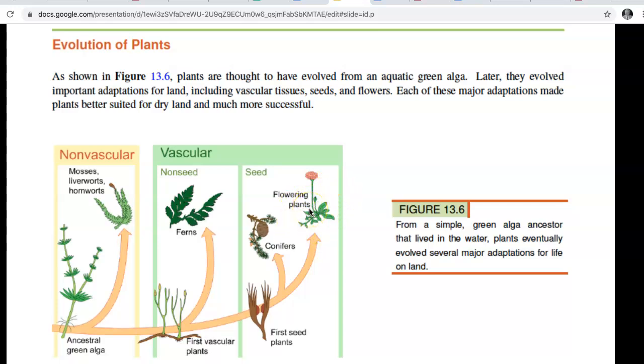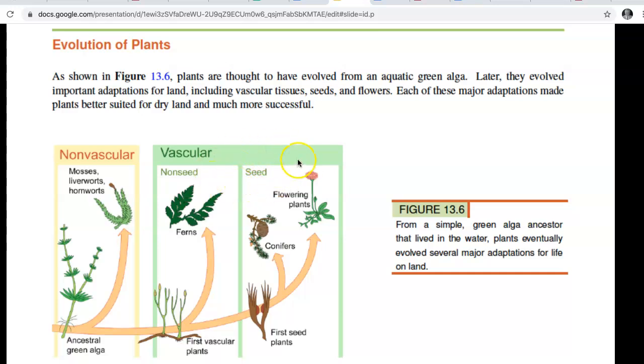Flowering plants are a wildly successful type of plant. They are the newest plants, newest in the sense that they're only a few million years old, something like 70 million years. So make sure you know this diagram and what it means. Older non-vascular, newer vascular plants, non-seed versus seed.